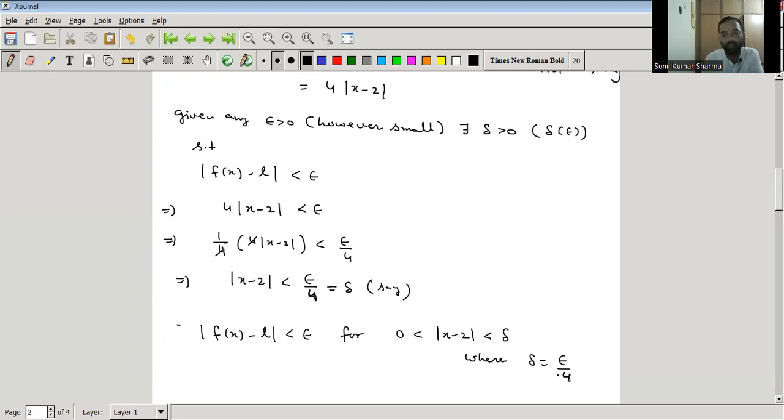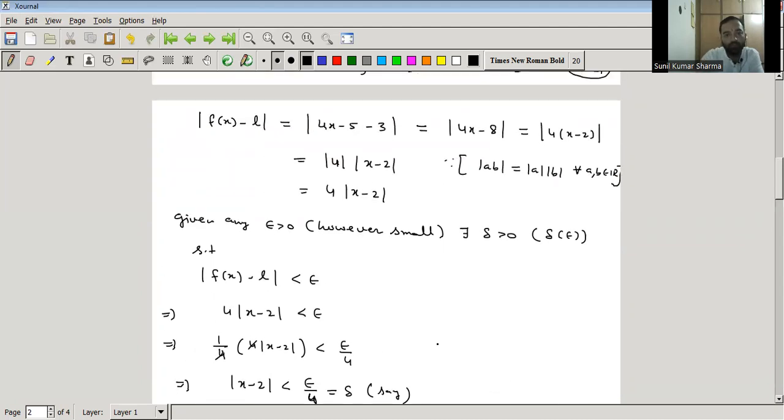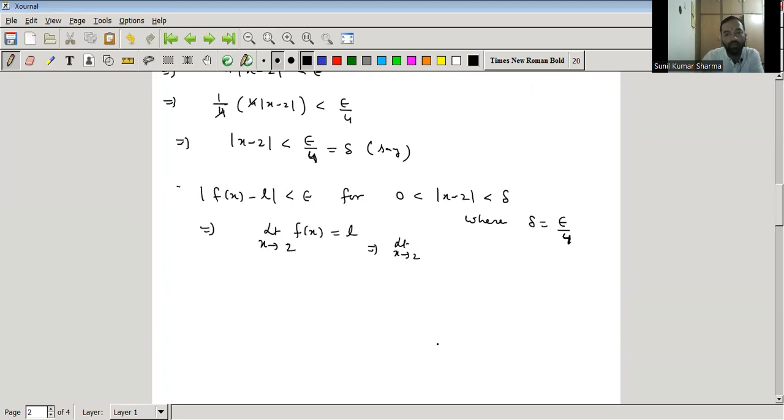So by definition of limit, we can write limit x goes to 2, f of x is equal to L. What is fx? Fx is 4x minus 5. This is equal to 3.